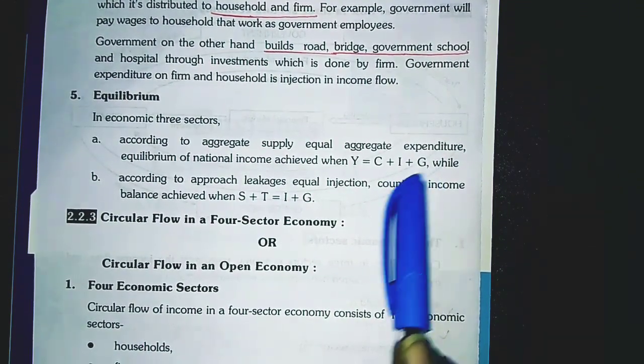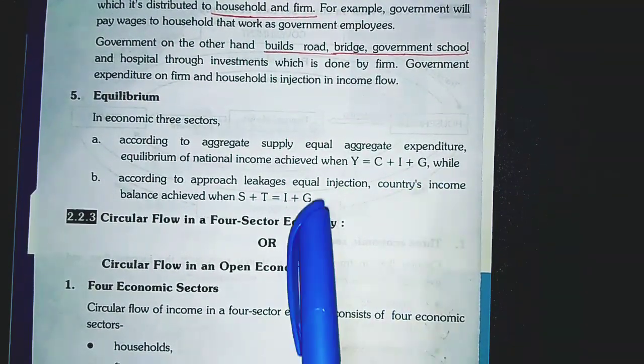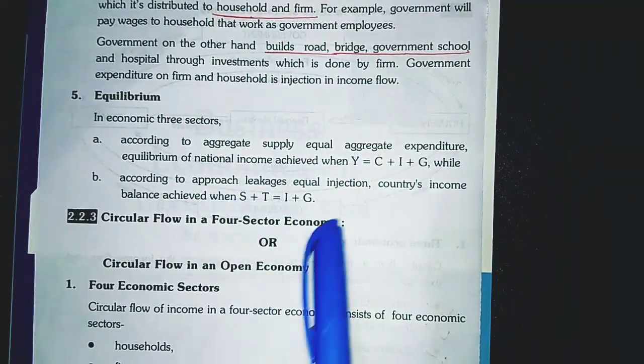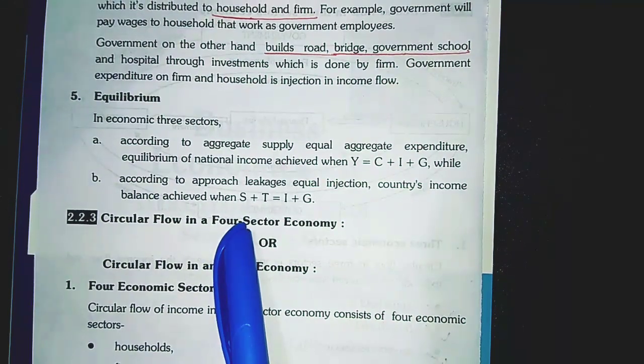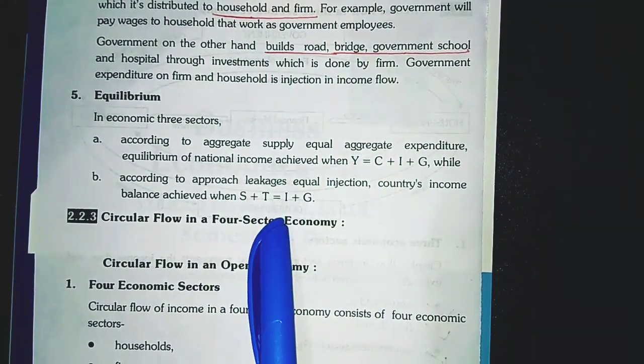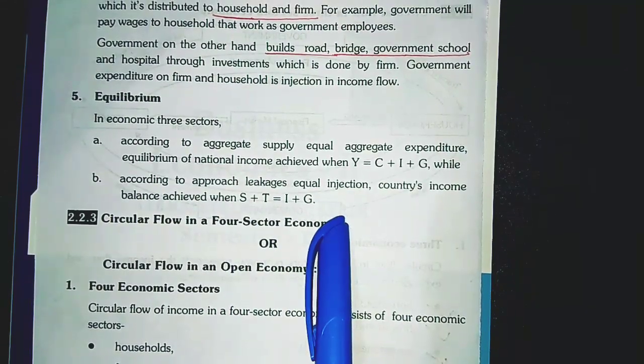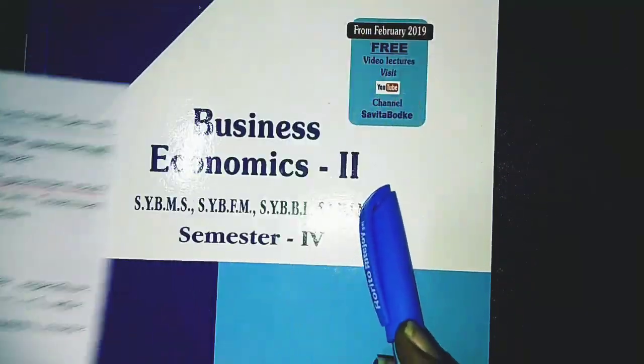This G stands for government expenditure. Or another equilibrium equation is savings plus taxes is equal to investment plus government expenditure. I hope that this is clear to you guys.